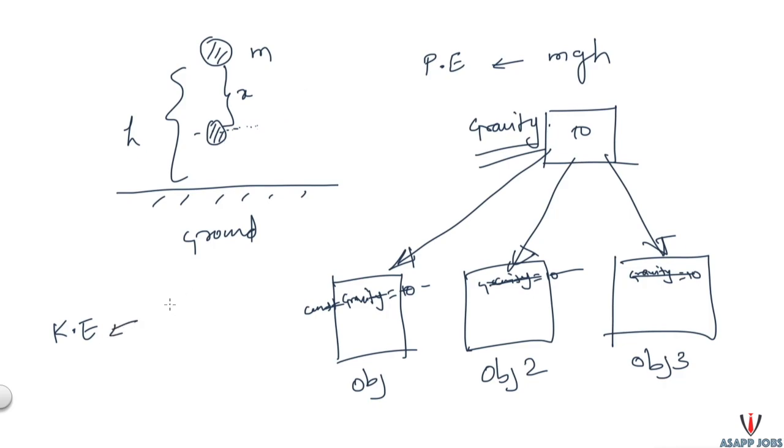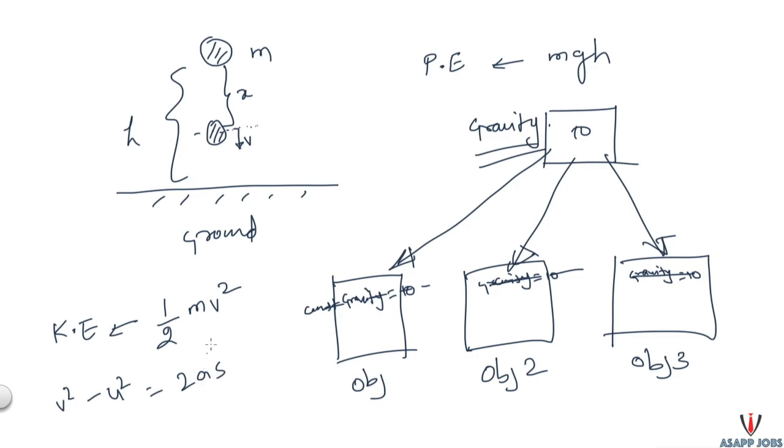We can calculate kinetic energy with this formula, half mv square, where v is the velocity of this ball at this point of time. So how do we calculate v here? Let's recollect Newton's third equation, which was v square minus u square equal to 2as, right?